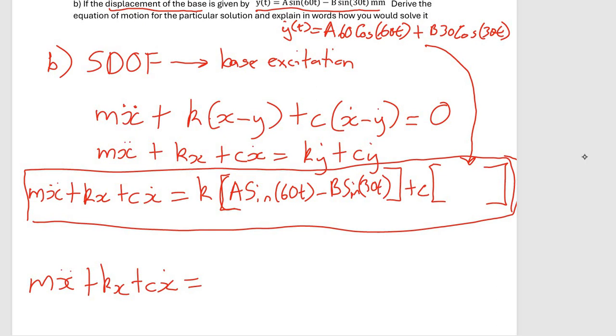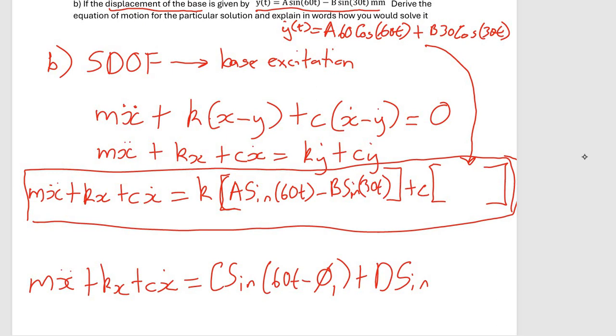So you're going to see that after having simplified it, it's going to be equal to c sine of 60t minus phi, which is the phase angle, okay, plus d sine.